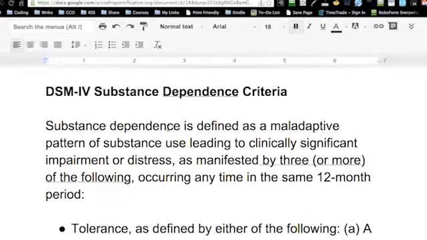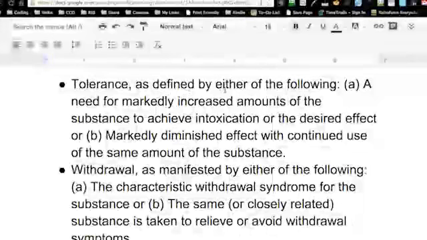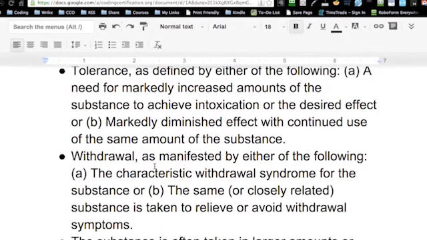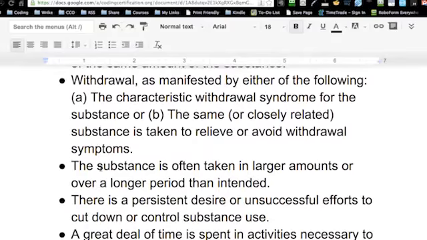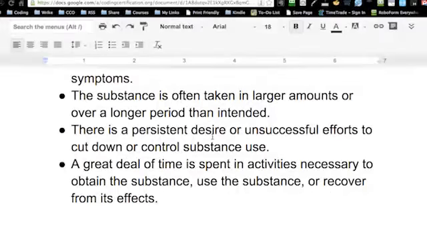So here's the definition for dependence. Everything was the same, and they're going to have 3 or more of the following. Tolerance, as defined by either of the following: a need for markedly increased amounts of the substance to achieve intoxication or the desired result. Withdrawal, they would go through withdrawal if the substance was removed. The next bullet, the substance is often taken in larger amounts or over a longer period than intended. There is a persistent desire or unsuccessful efforts to cut down or control it.